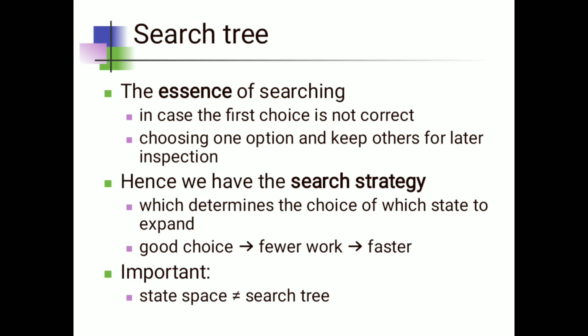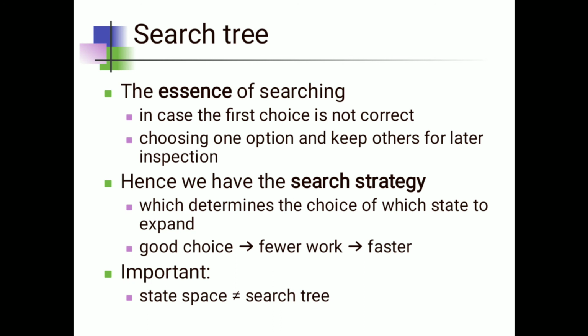This depends on the search strategy. If we select a good choice, it will lead to less work and faster execution, a faster solution. We are always interested in less work, a faster solution and the optimal solution.